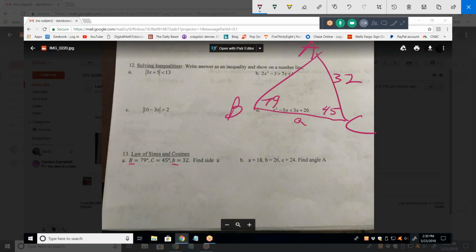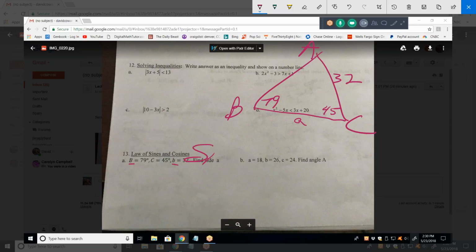So using the law of sines, what's the first thing I can do? You can start with the fixed relationship. We know this 79-degree angle, and we know its opposite side. So let's start there.